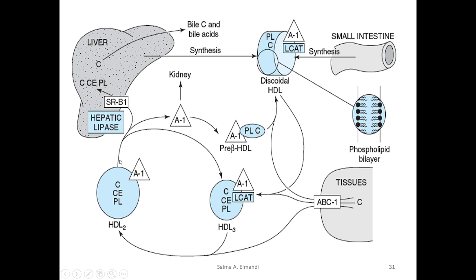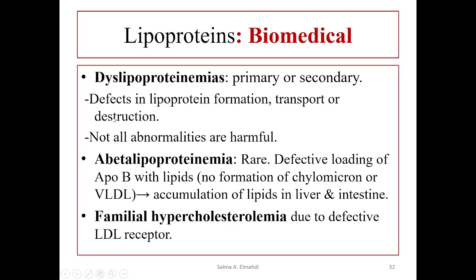HDL2 now heads up to the liver, where it is subjected to hepatic lipase to release cholesterol esters and phospholipids. And this is what we mean by reverse cholesterol transport from the extrahepatic tissues back to the liver.